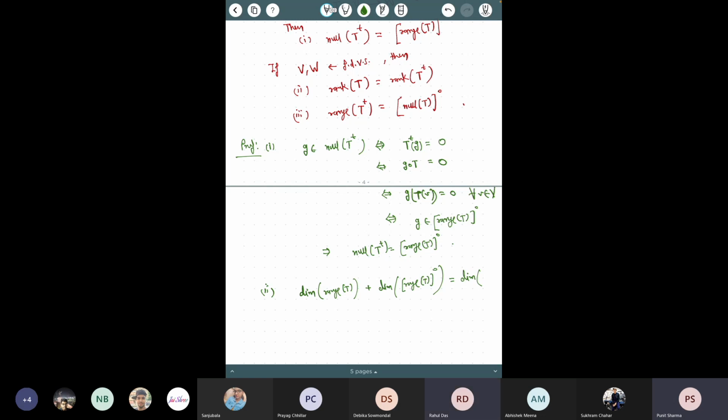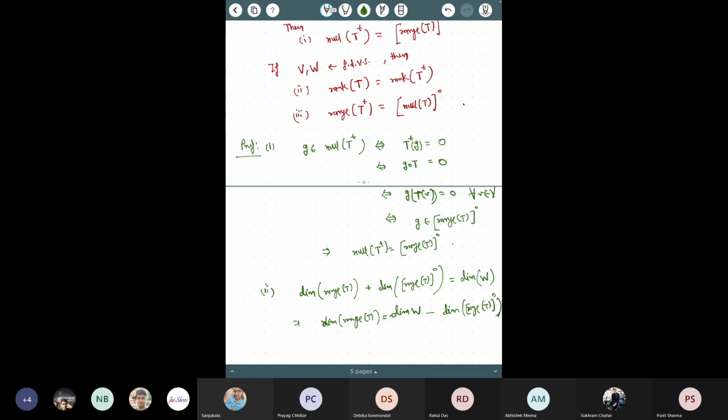Dimension of W, sir. Okay. So from here you can say that the dimension of the range of T, or the rank, is actually equal to dimension of W minus dimension of the annihilator of range of T, right?